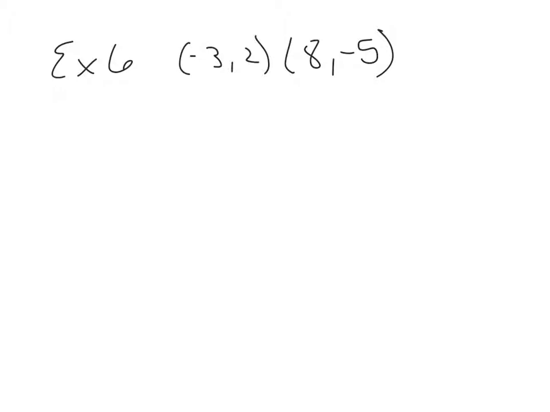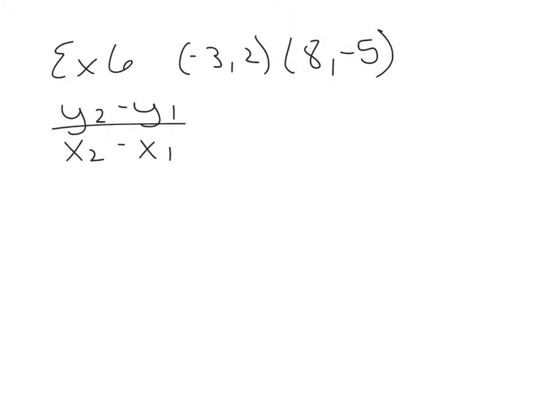Example 6 on the next page, the same type of question. Find the slope of the line that passes through the points -3, 2, and 8, -5. So the slope formula, y2 minus y1 over x2 minus x1. This is x1, y1, x2, y2.